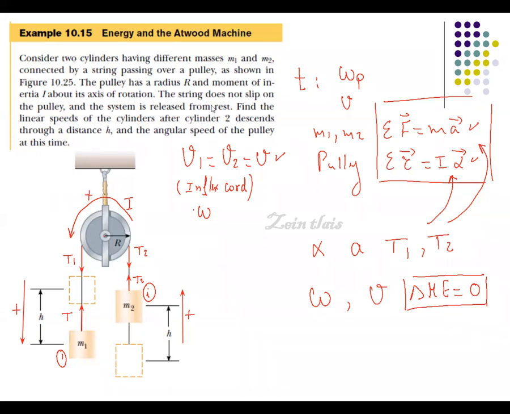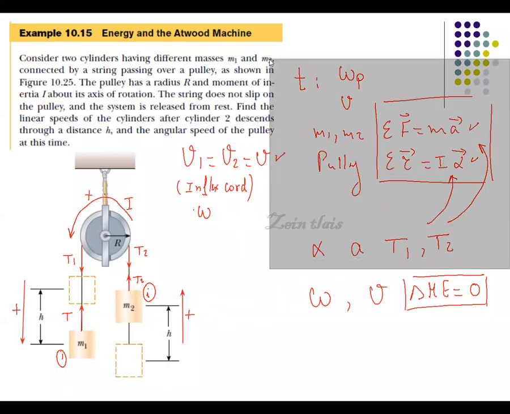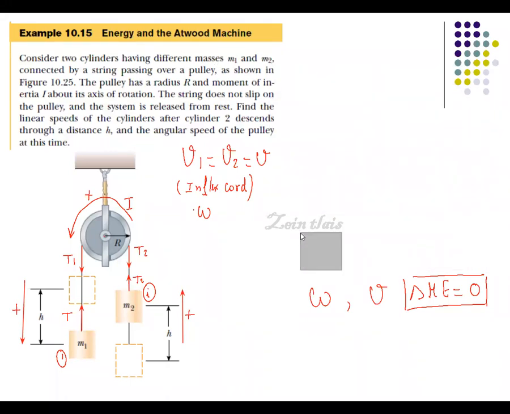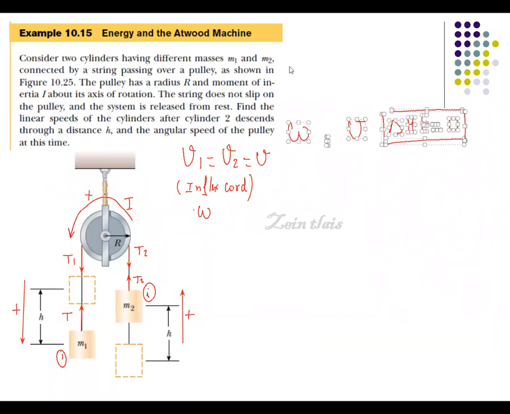Let's start with this one. This one is the initial position of M1 and M2, and this one is the final position of M1 and M2. So here, we can take this as a reference, M1 initially has 0 height.